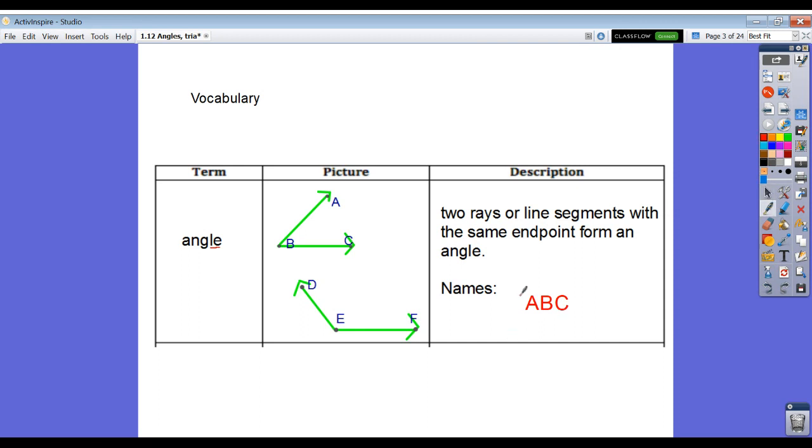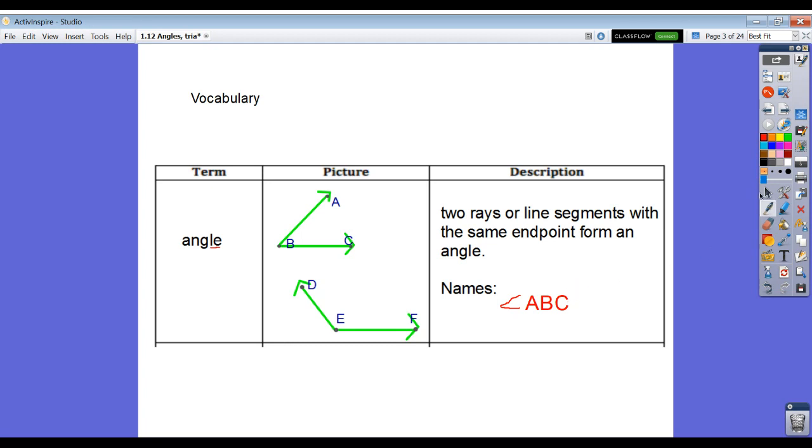And mathematicians always have their notation, right? So in front of that, you need to draw a little angle symbol. This means angle ABC. So make sure you have that on there.